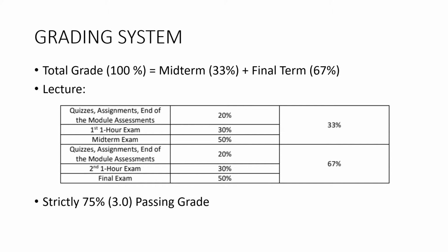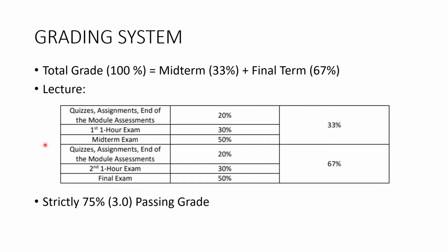For the grading system, I know that you are quite familiar with this one already. Of course, for the total grade, 33% of that will be from your midterm, and 67% will be from your final term. Because this course does not have a laboratory component, this is the grading system that I'll be using.